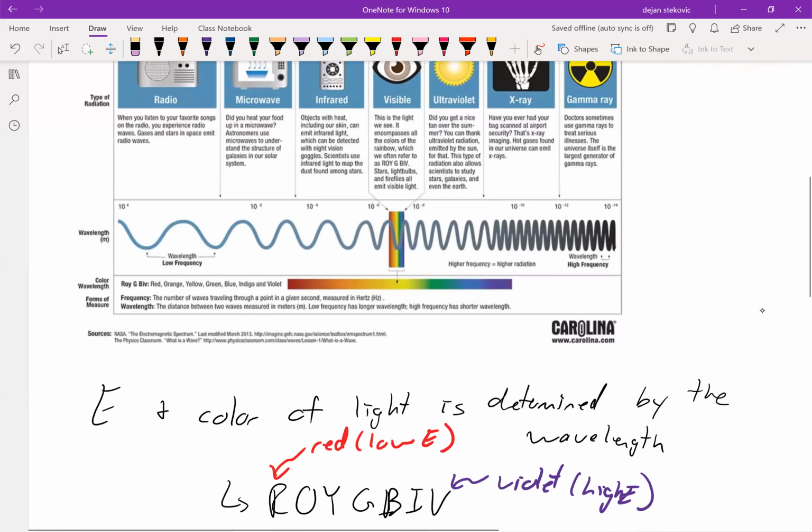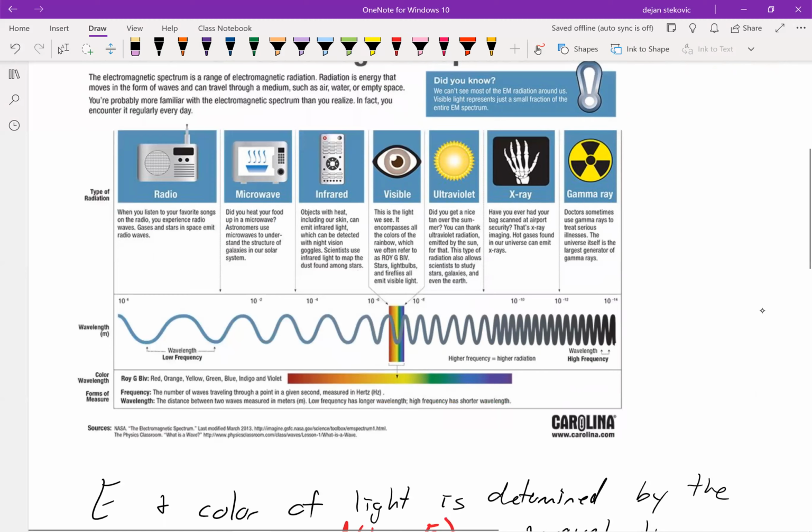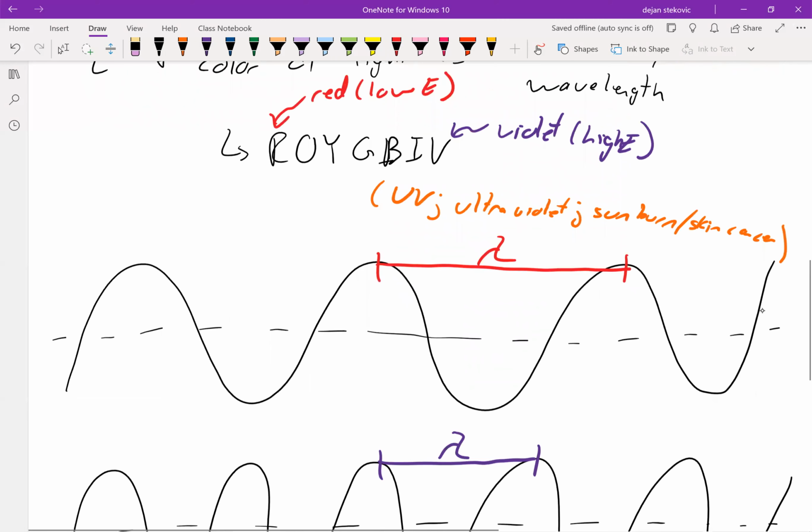That's what this diagram shows as well. On this high energy gamma ray, X-ray, you see very short wavelengths. On this lower energy, you see a very long wavelength. Radio waves are not going to hurt you. It's the same thing with color. Something like purple has a shorter wavelength than something like red, which is a lower energy type of light.